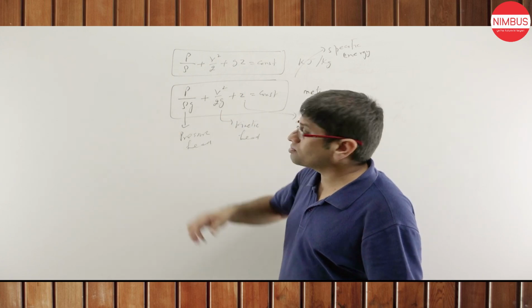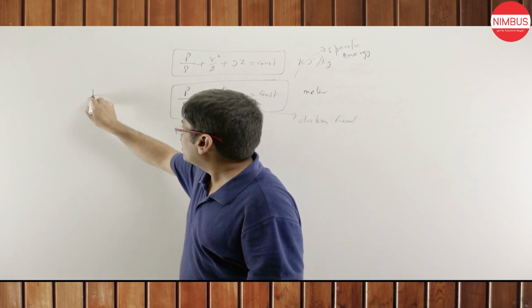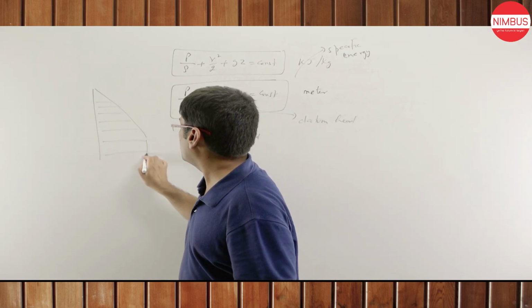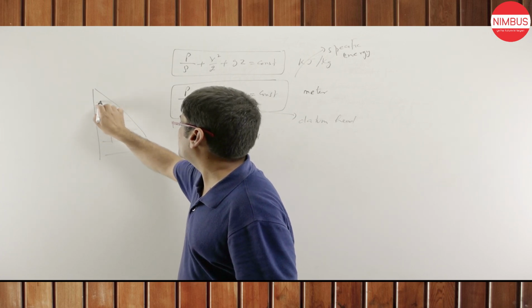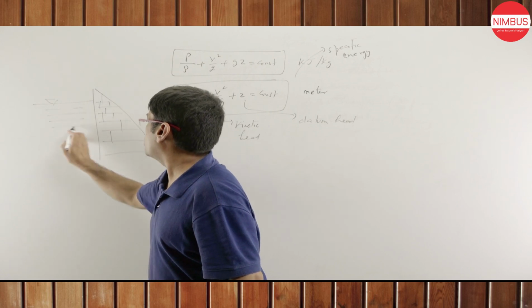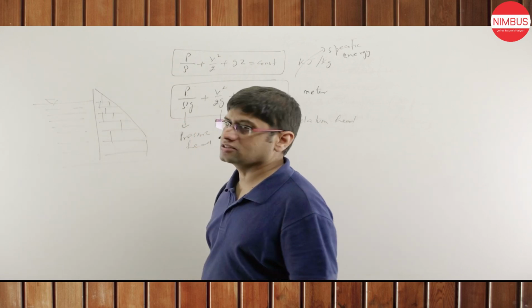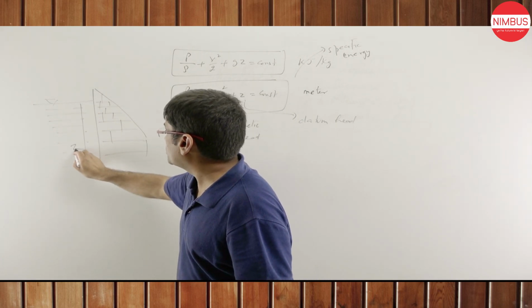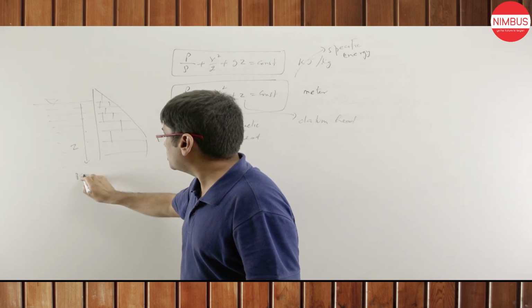Now at the bottom of that fluid, if I give you the example of a reservoir, let's say this is the reservoir, this is the building, or this is the dam we have created, and fluid is stored on one side of the reservoir. Then if the fluid is stored up to depth z, it has a pressure in fluid here.